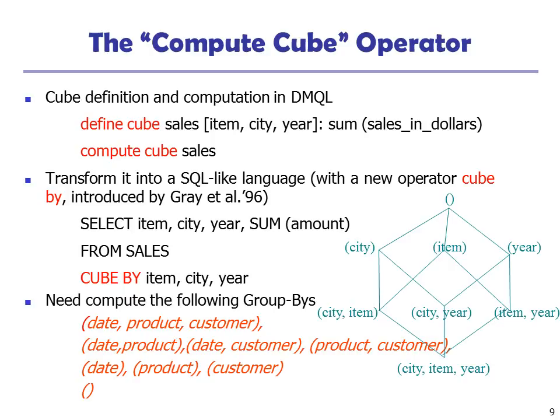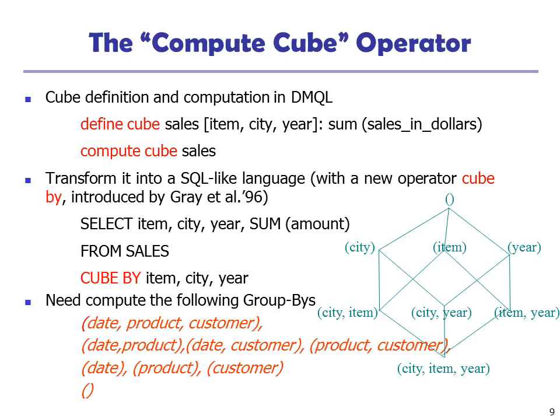If you transform what is in your DMQL, which is your data mining query language, you can convert it into an SQL-like language, but there is no cube by which exists in the SQL language.